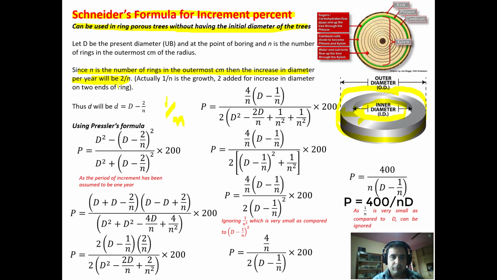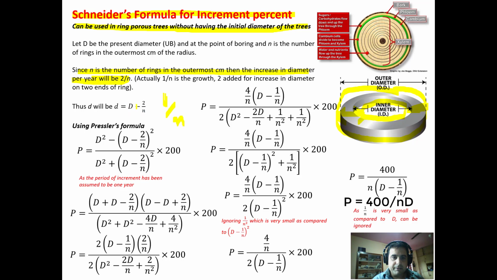Now here we write the increase in diameter per year is 2 by n, because the growth is recognized not only on one side but also on the other side. This also contributes to the increase in diameter. So 1 upon n becomes 2 upon n.